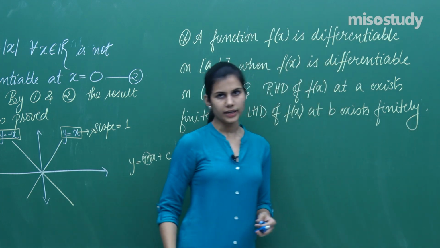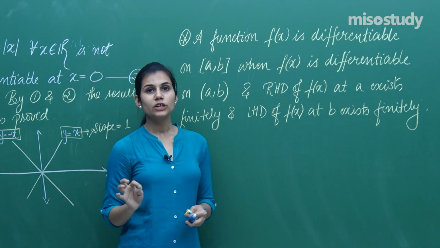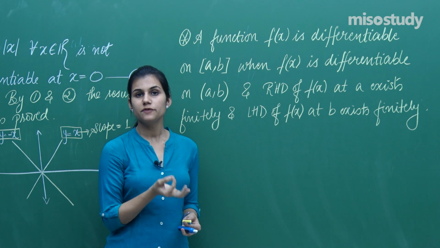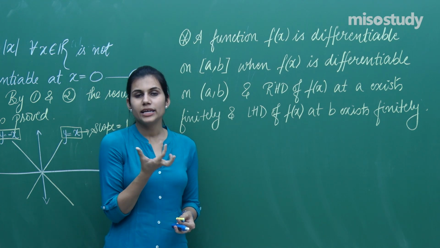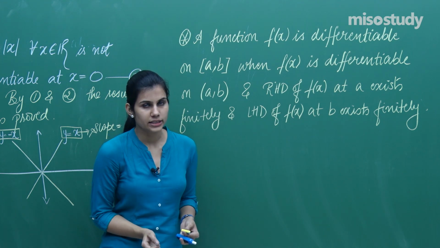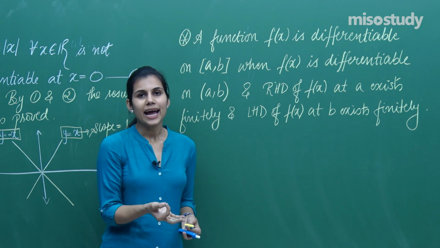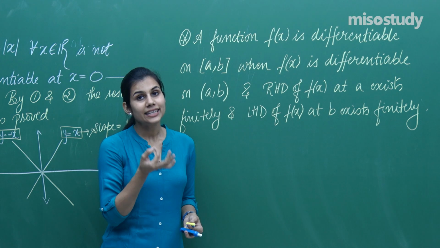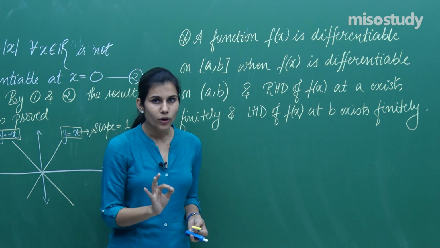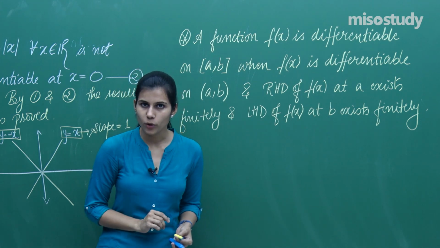Fine. Now, one thing which you have to recall about differentiability is when a function is differentiable at a point, the curve should exist on both sides of the point, right? One thing. Secondly, suppose at a you want to check the differentiability, then this point (a, f(a)) should not be a corner point.